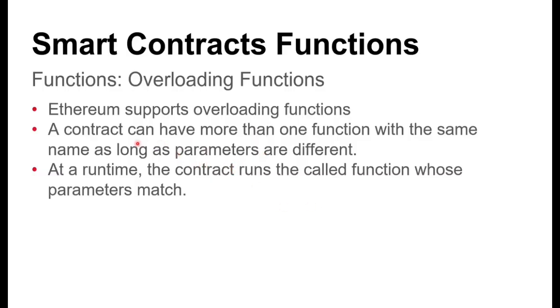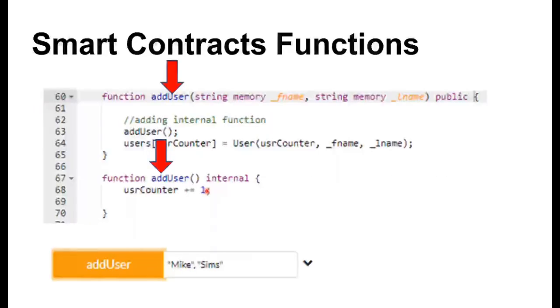If you have an overloaded function that takes no parameters and you call it with no parameters, the function with no parameters is the one that's going to be executed at runtime. Likewise, it will match the parameters in the header, such as string, integer. How it is called is how the function is selected, exactly the same way it's done in Java or C++.